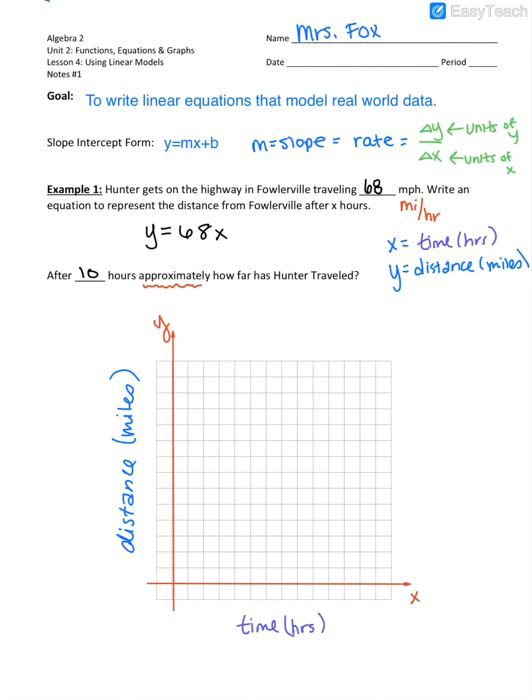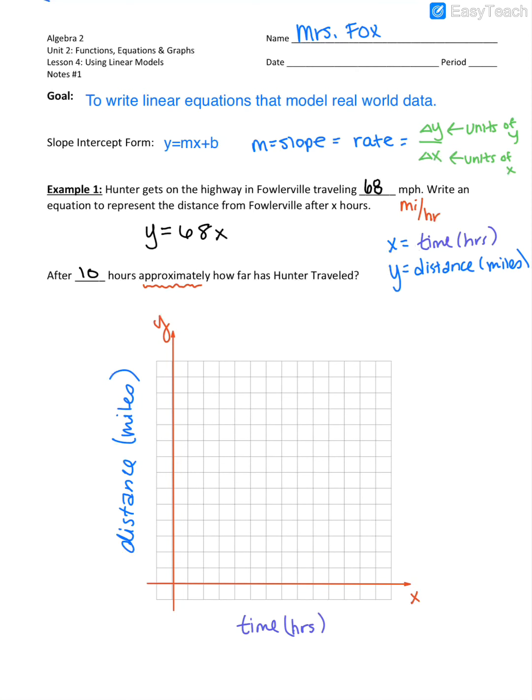I'm sure at some point someone braked in front of Hunter and he had to slow down, or maybe he had to speed up for some reason. Either way, 68 is an average, so it's not going to represent exactly what this trip looks like. So when we say after 10 hours, approximately how far is Hunter traveling, it's not saying to guess. It's saying use this equation that represents the real world where there could be human error.